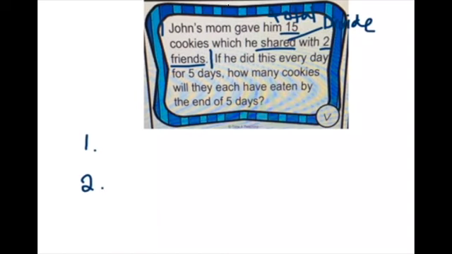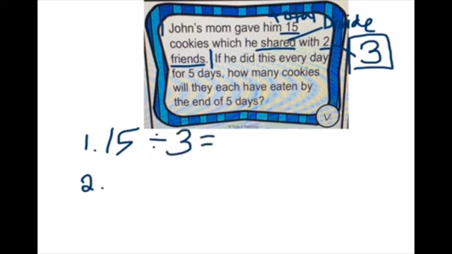So John and his 2 friends, how many people would that be? 3. Ooh, I'm glad I caught that. Sometimes if you think, that doesn't make sense, think about when he shares that with himself and 2 people. That's 3. So 15 divided by 3.